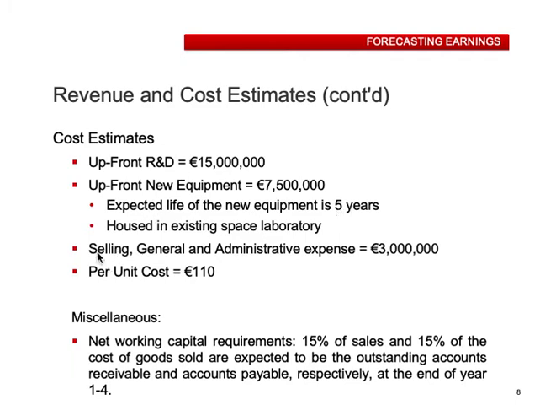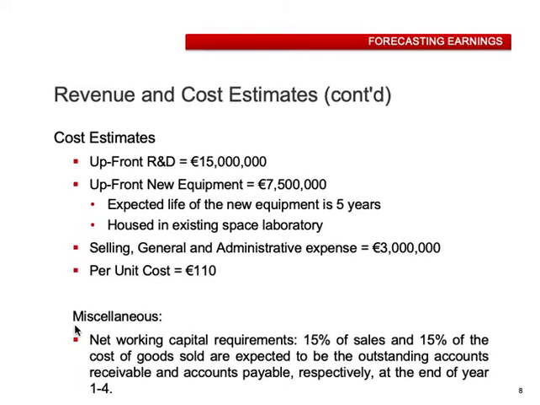The project is expecting to pay on an annual basis 3 million in selling and admin expense. Furthermore, the unit cost is going to be 110. And last, we have information on the size of net working capital based on sales and cost of goods sold for year 1 until 4.